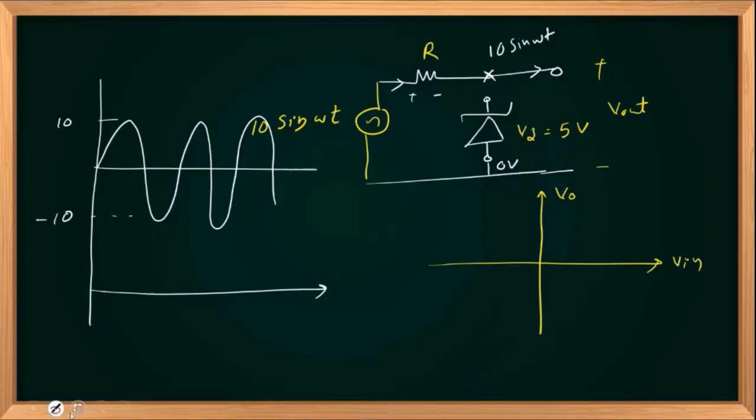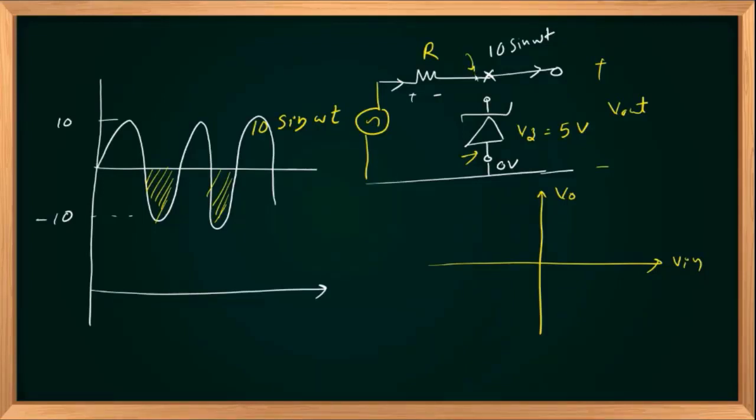If it is negative, the diode is forward biased. When 10 sin omega t is negative, we are sure the diode is forward biased, because this is at 0 volts, this potential will be negative at the cathode, and the anode is more positive than the cathode.